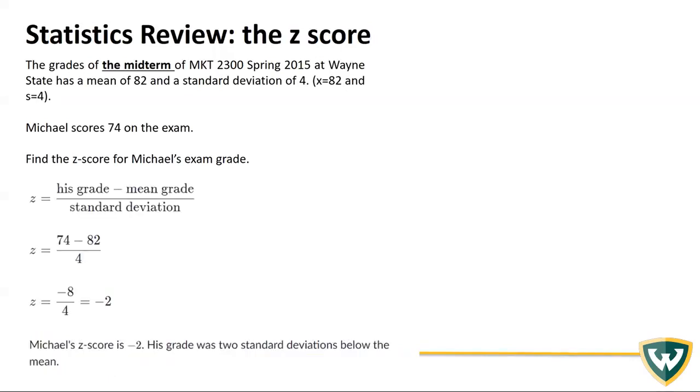So in order to find a z-score, we take Michael's score 74 and then we subtract the mean grade of the exam here from Michael's score, 74 minus 82, and then we divide it by 4, which is my standard deviation from up above. I could have given you the variance in the question.